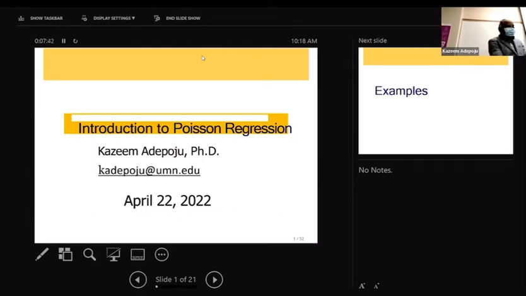I also walked you through that you can also use logistic regression. But what do I have for you today? What I have for you today is when the nature of the response is not continuous, is not categorical, but a count.